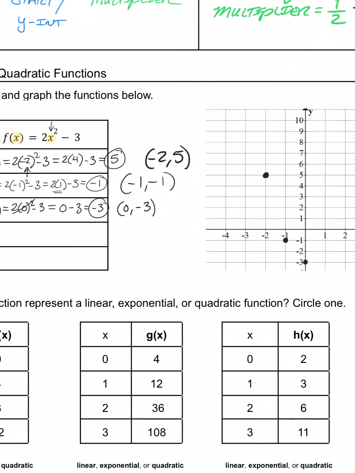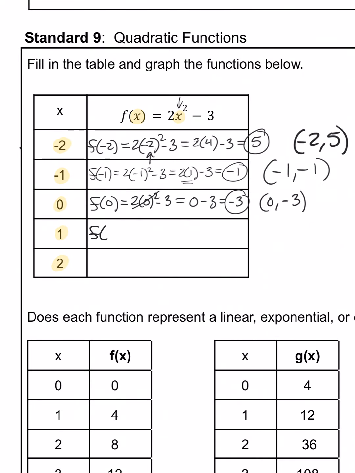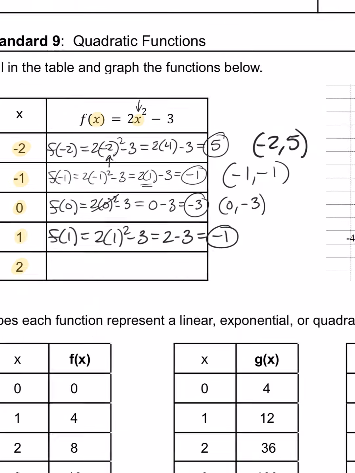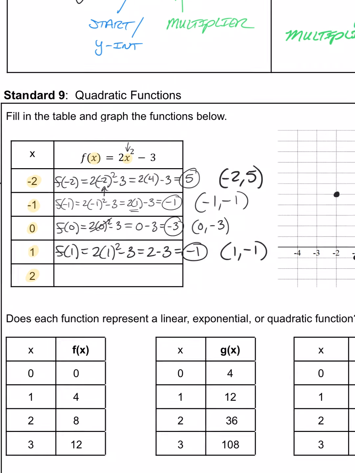Let's try the next one. We have function of 1. Let's plug in 1. We have 2 times 1 squared minus 3 equals, okay, 1 squared is 1. 2 times 1 is 2, minus 3 equals -1 again. Now we have the point (1, -1).